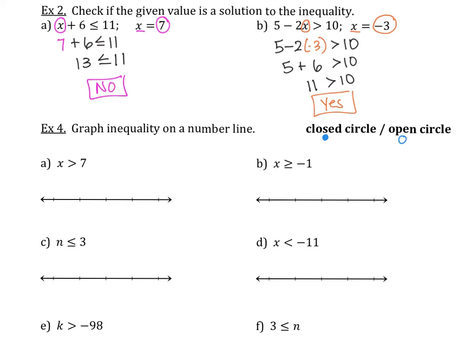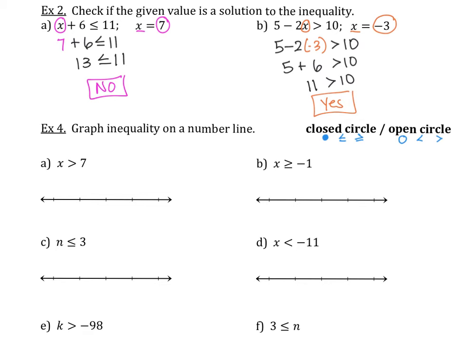Open circle is not colored in. It's a closed circle if it's allowed to equal the critical number we talk about. So the two inequalities that have equals indicate a closed circle on the critical number. If it does not have an equals, like this one or this one, then it will have an open circle on the critical number.